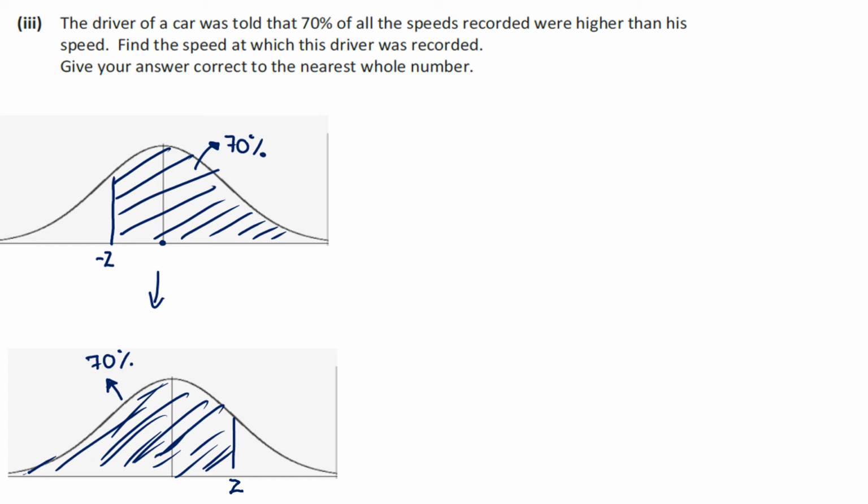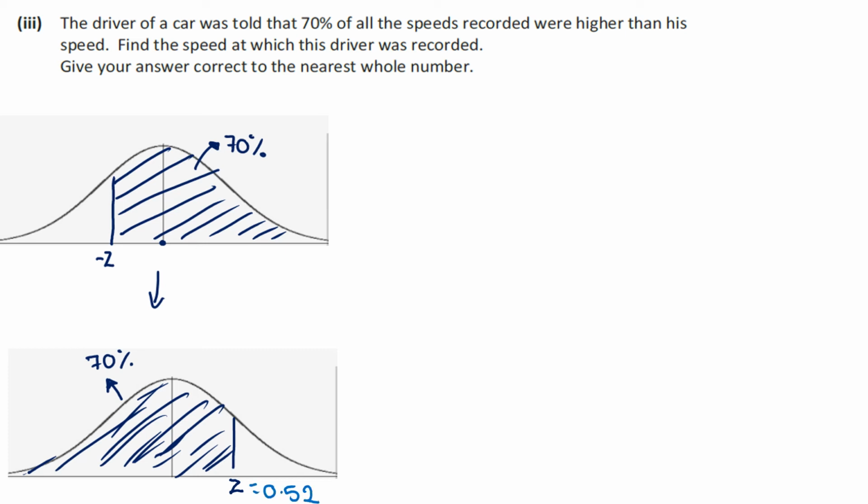So I can go to my log tables and look up in the body of the table 70%. So I'm looking for 0.7. Now, the closest I can get to here is 0.6985. It's on page 36, and it's for the Z score 0.52. So I'm basically going to say that this is 0.52.